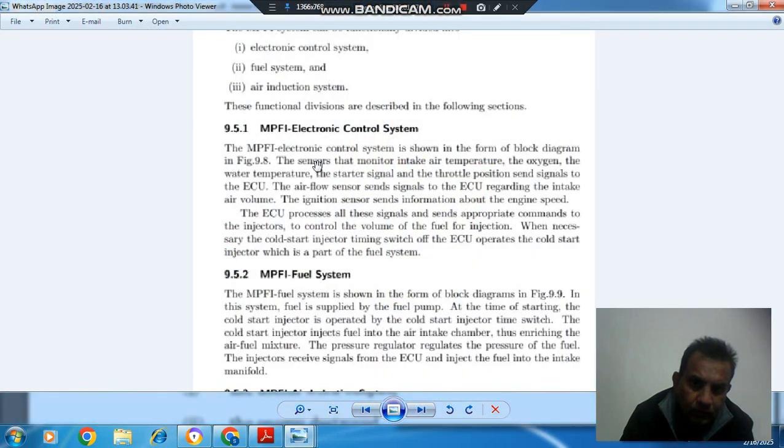The sensors that monitor intake air temperature and oxygen, the water temperature, the starter signal and the throttle position send signals to the ECU. The airflow sensor sends signal to ECU regarding the intake air volume. The ignition sensor sends information about the engine speed.